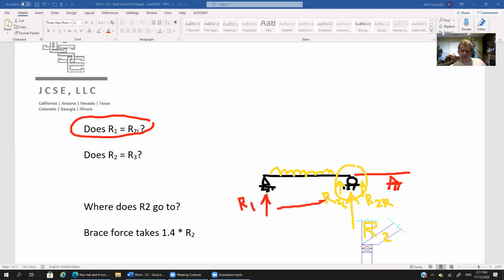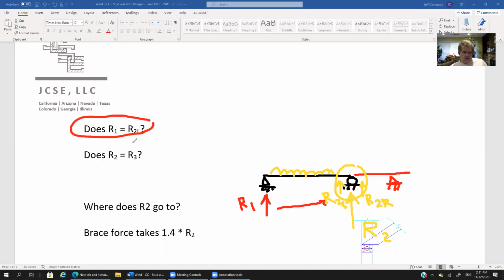Remember, R2 left was this reaction here. So think about it for a second. And if you're saying yes, it would be equal, I think that would be a fair answer. Provided this wind pressure is uniform across the full length of the stud, no reason to believe it's not, then R1 would equal R2 left. So, okay, fair enough.